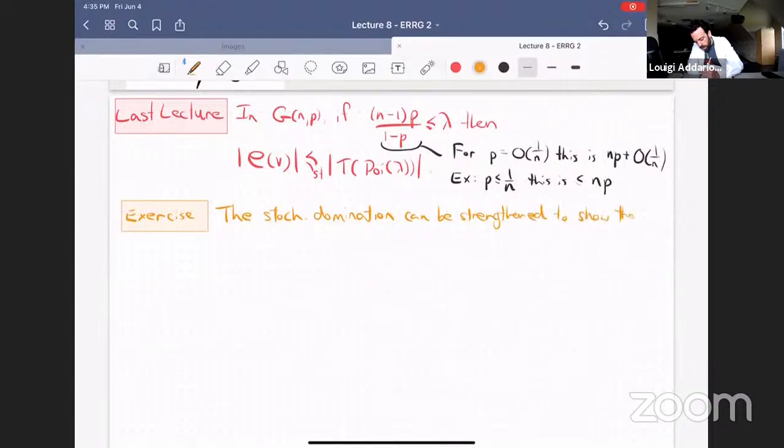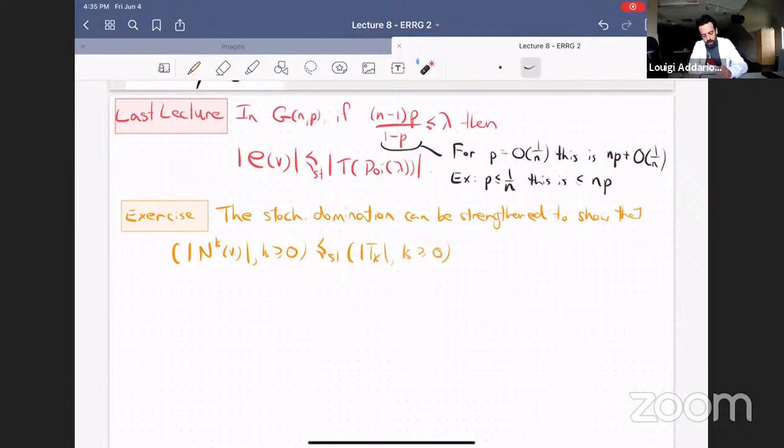To show that if I look at the sequence of neighborhoods N_k(v) in the graph, that's stochastically at most the sequence of generation numbers. Remember the notation: T_k was the set of nodes at height exactly k in the tree, or at distance exactly k from the root of the tree.